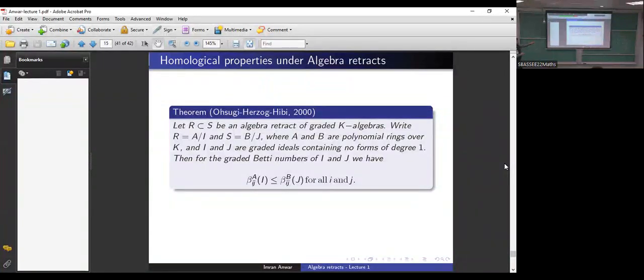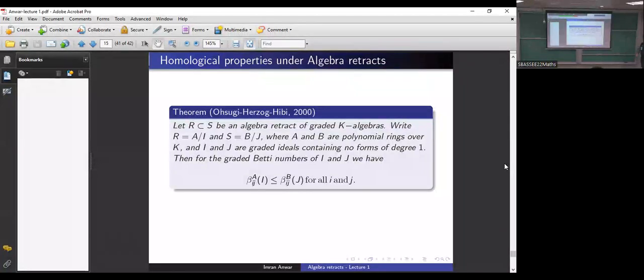So how does this particular result help us? For instance, we have an inclusion map. Whenever we have an inclusion map, there is a natural question whether there exists a retraction or not. For addressing this problem, you should first have an inclusion map.